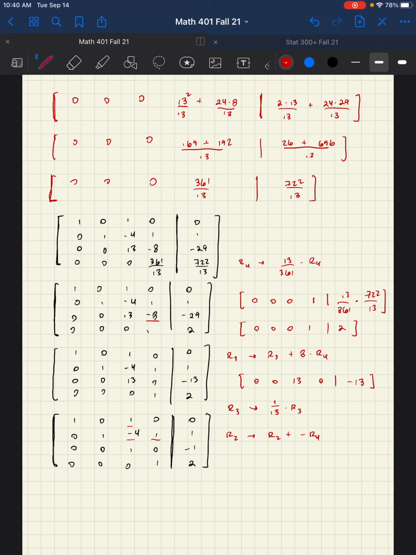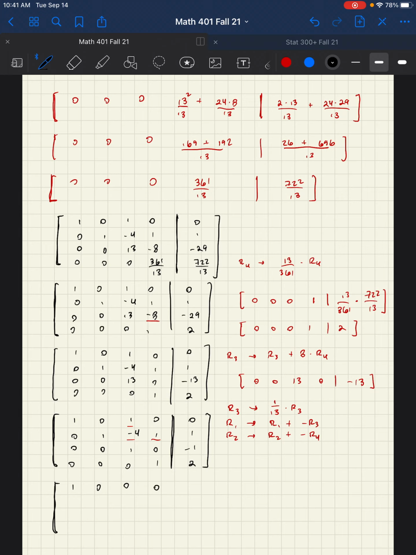That'll get rid of the 1 in the last spot there. And we can replace row 1 with row 1 plus negative row 3, because that's going to get rid of the other one in row 1. I'm not going to do the intermediate work. We know that's going to take care of this one and this one.